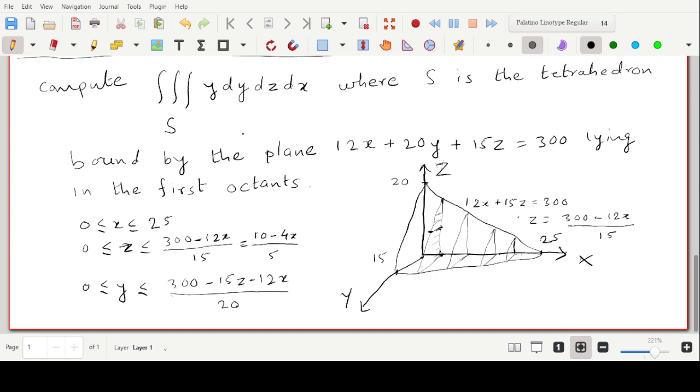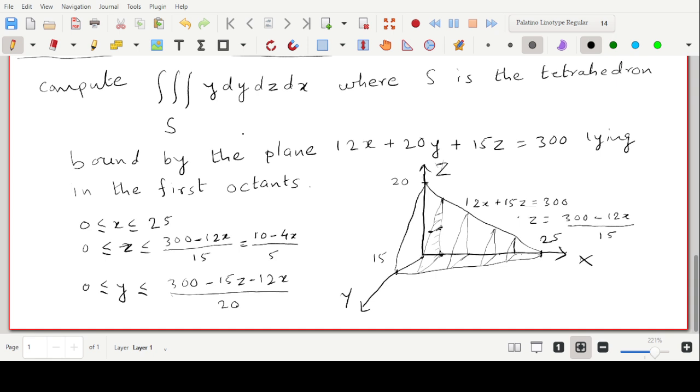By taking various values you can check. For example, here at this point x is 25, so you can see that there is no scope for y to vary, so y should vary from 0 to 0.